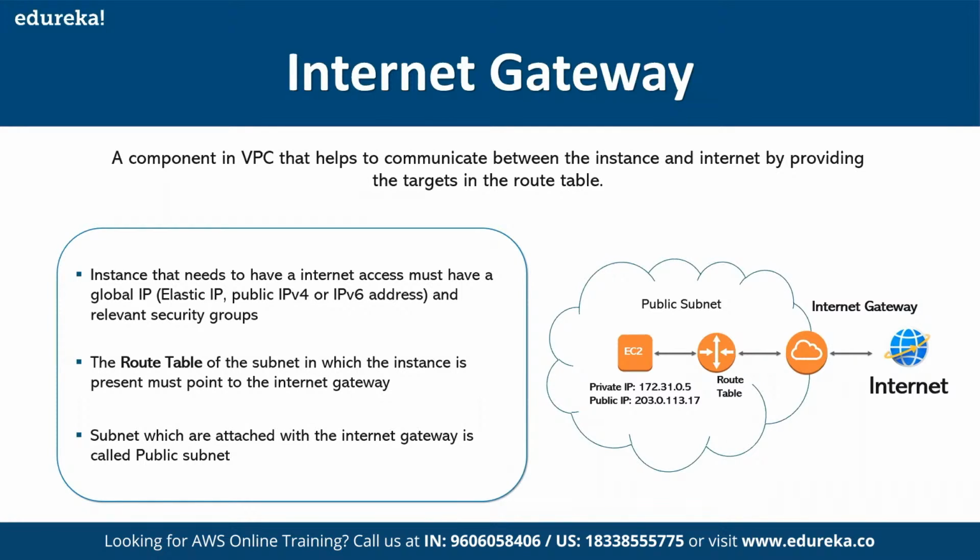So when you create an internet gateway, manually you have to assign it to our VPC. When you are using default VPC, this is all taken care by AWS. You do not have to separately create internet gateway, right? But if there is no internet gateway, your VPC will not be able to talk to the internet. How does it talk to the internet? Your route table associated with that subnet will have a route going to the internet. In the demo, we will see how to set that up.